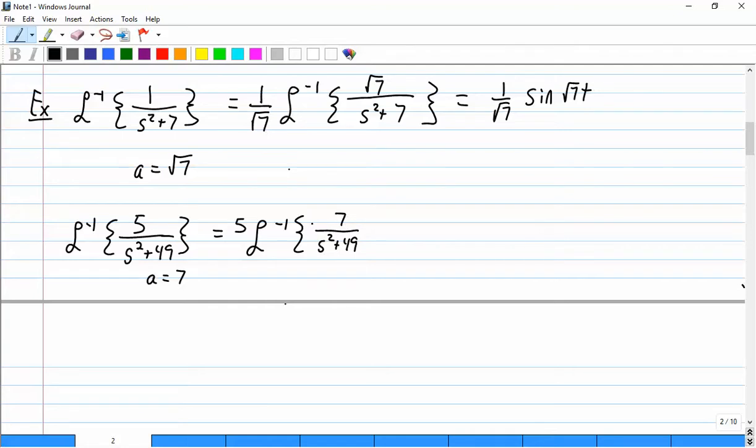And so if I put a 7 here, I have to bring out a 1 over 7. So I have 5/7 in front of the inverse Laplace transform. So that's 5/7 times the sine of 7t.